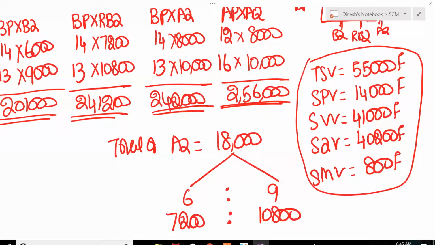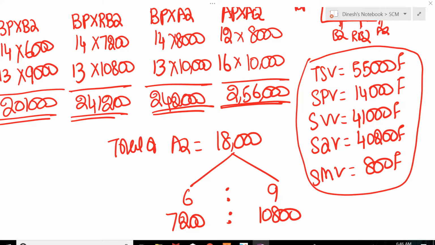Full stop. This is because increase in sales by rupees 55,000 will not lead to increase in profits by rupees 55,000.